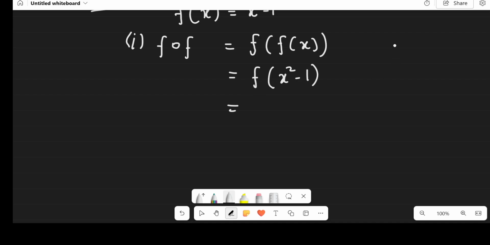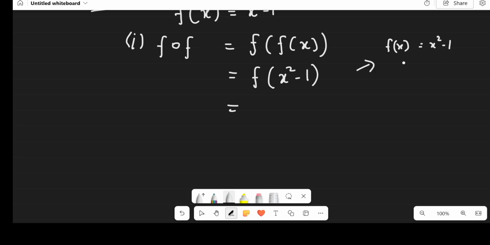So we should consider f of x formula. What is f of x formula? X square minus 1. In this formula, we should replace x by this value, x square minus 1.